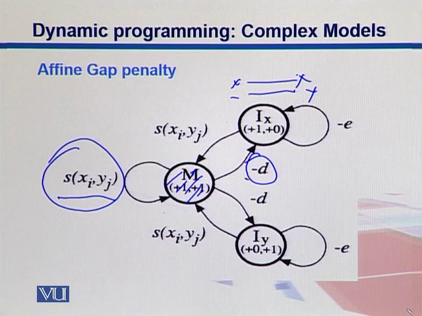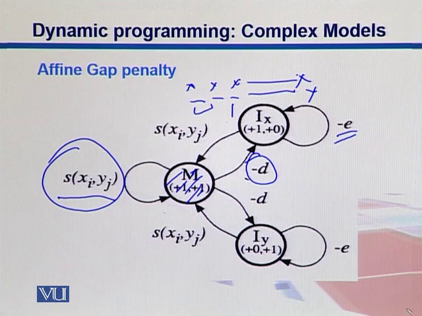It keeps on operating over here with e, which is the gap extension penalty. As soon as we get symbols in both of them, after having say these three gaps, we reach a situation where we have a symbol over here and a symbol over here. So again the system moves back in this direction.